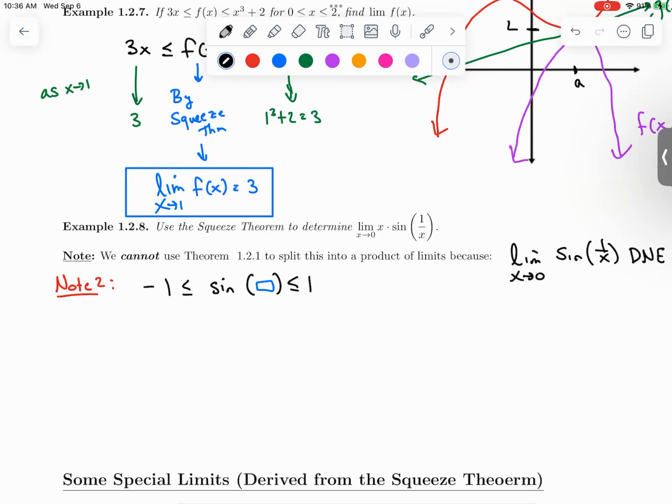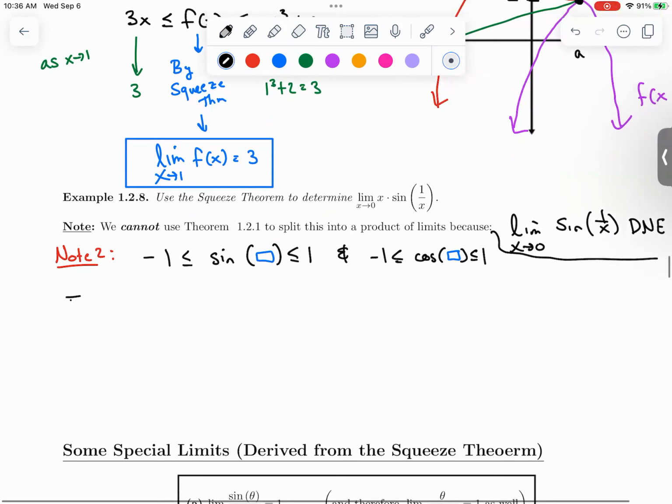So that means -1 is less than or equal to sine of 1 over x, which is less than or equal to 1. Sine of 1 over x is bounded between those two values. Now, how does this help me?